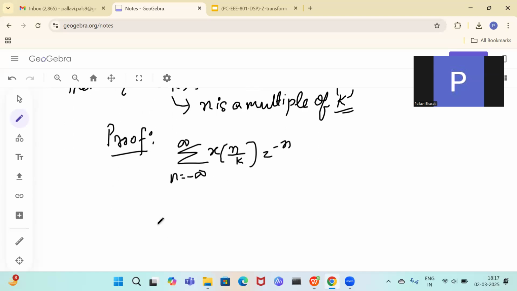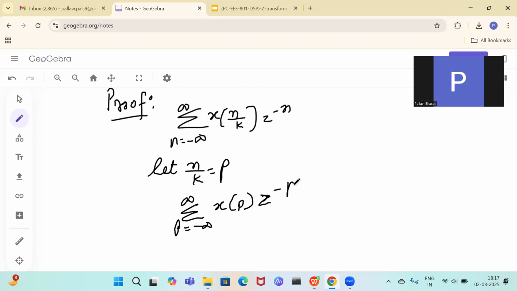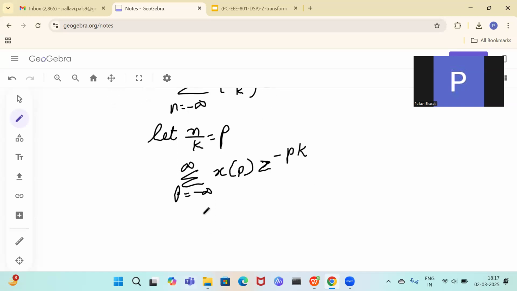Now let n by k be equal to p. The summation then runs from p equals minus infinity to infinity, and this becomes x of p, and z to the power minus n becomes z to the power minus pk. Got it?